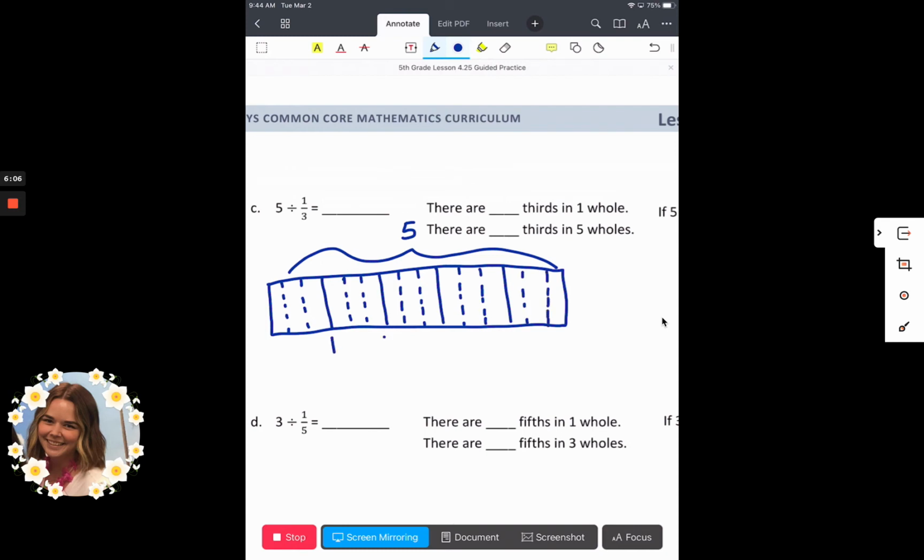So we have 1, 2, 3, 4, and 5 wholes. So in one whole, we have 3/3. So in 5 wholes, we can count by 3s. So we have 3, 6, 9, 12, 15 thirds. So 5 divided by 1/3 gives us 15.